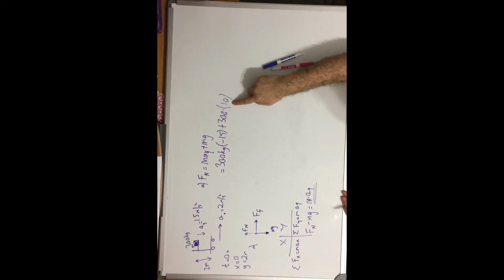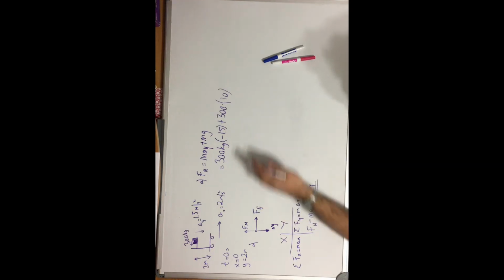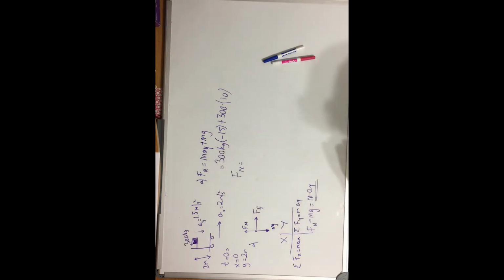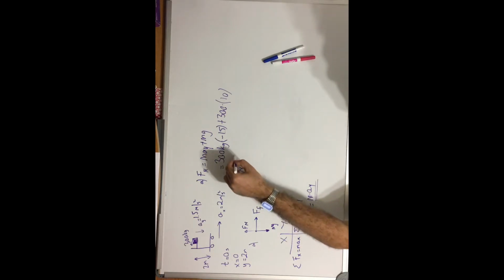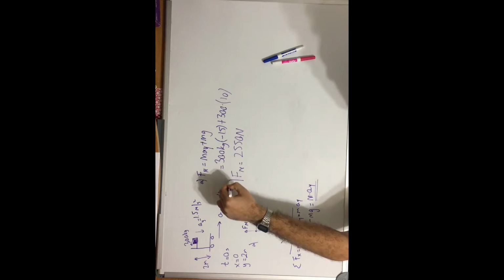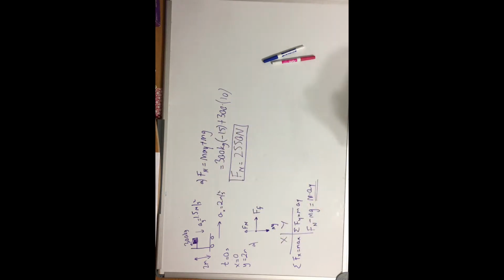That is going to be positive 10. This is going to be negative 1.5. And when you do the multiplications, you will find your Fn as 2,550 newtons. So that's your normal force acting on the object.